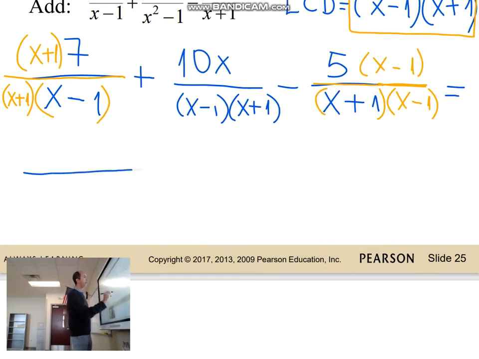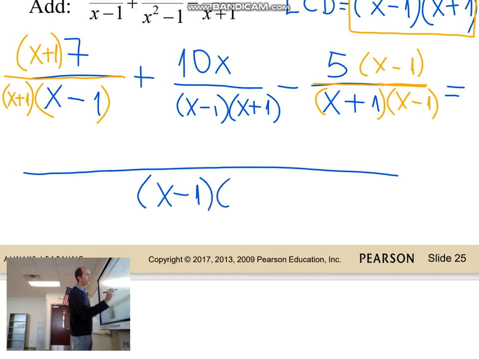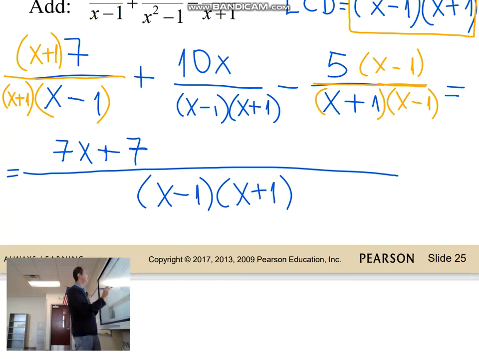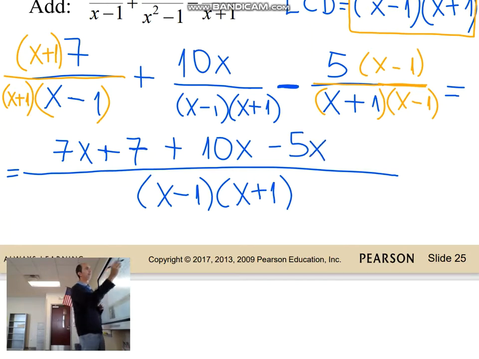Now we will have the least common denominator on the bottom, and here at the top, 7 times x, 7x, and 1 times 7, 7. Next we have 10x. Next, this is a negative, right? So negative 5 times x, negative 5x, negative 5 times negative 1, positive 5.